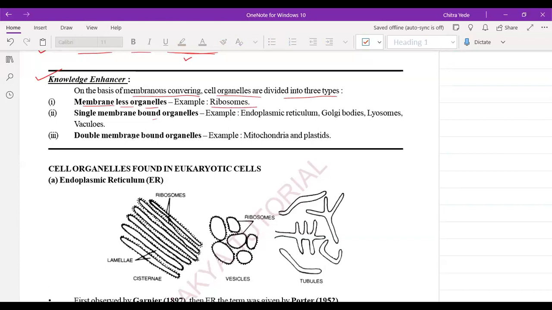They do not have a well developed membrane. Single membranous we have endoplasmic reticulum, Golgi bodies, and lysosomes. Even vacuoles are there. Double membrane bound organelles we have mitochondria and plastid. Plastids are present only in plant cells, not in animal cells.